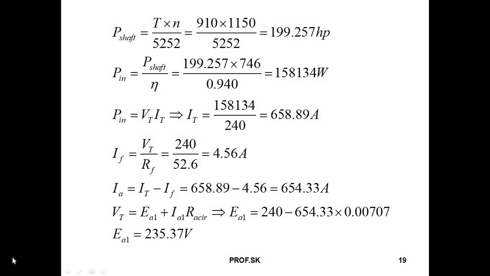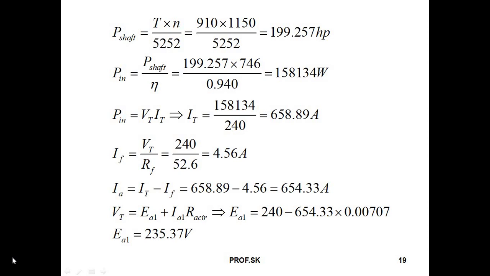Then power input is equal to P shaft divided by efficiency, which is 199.257 times 746 divided by 0.940, giving a total input power of 158,134 watts. Power input is equal to VI, so current is 158,134 divided by 240, which is 658.89 amps.